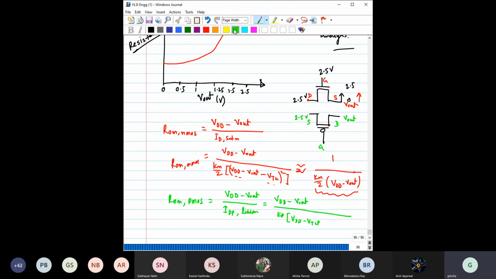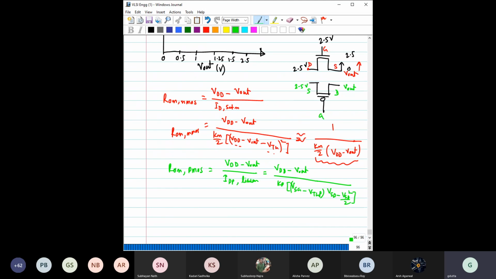Let me write it like VSG minus VTHP into VSD minus VSD square by 2, right? If you substitute it, you will get something like this, KP, but there might be some errors, please check it once.